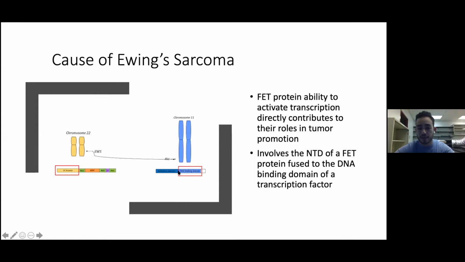And what happens is this DNA binding domain will translocate with this domain, and it'll connect to the LC domain of EWS. So this forms a mutant called EWS-FLI1. And the DNA binding domain allows the protein to keep binding DNA and activate transcription. And what happens with that is we know that it'll form a whole bunch more proteins, and it'll lead to rapid cell division, which will lead to the tumors.